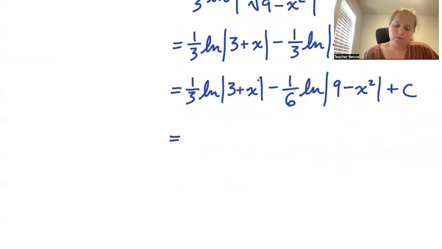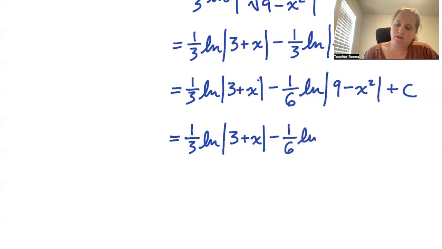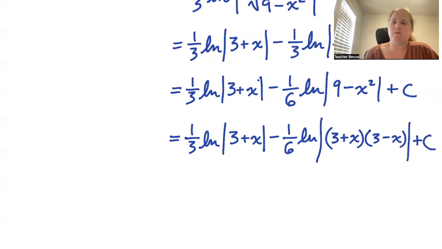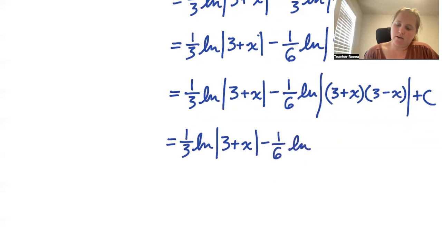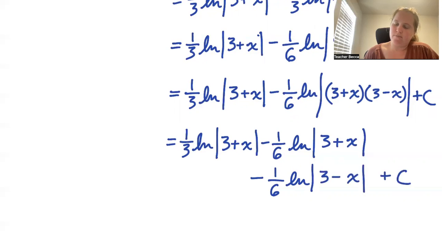We can simplify further if we like. This is 1/3 times the natural log of the absolute value of 3 plus x, minus 1/6 times the natural log of the absolute value of 3 plus x times 3 minus x, plus c. We can then split that last one. This becomes 1/3 times the natural log of the absolute value of 3 plus x, minus 1/6 times the natural log of the absolute value of 3 plus x, minus 1/6 times the natural log of the absolute value of 3 minus x, plus c.